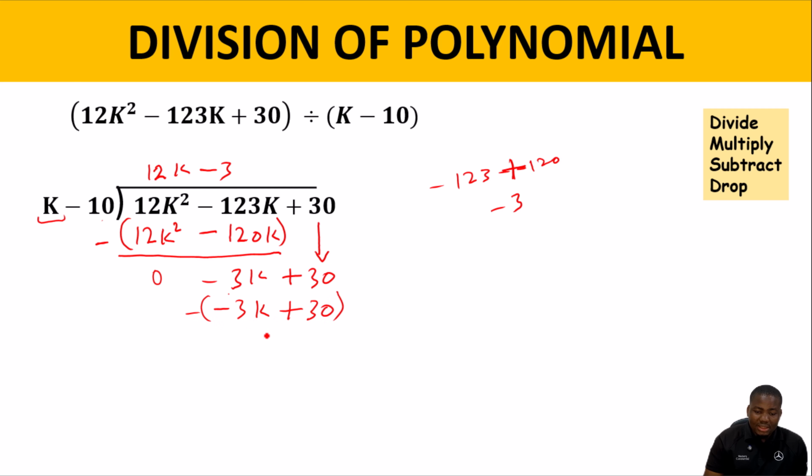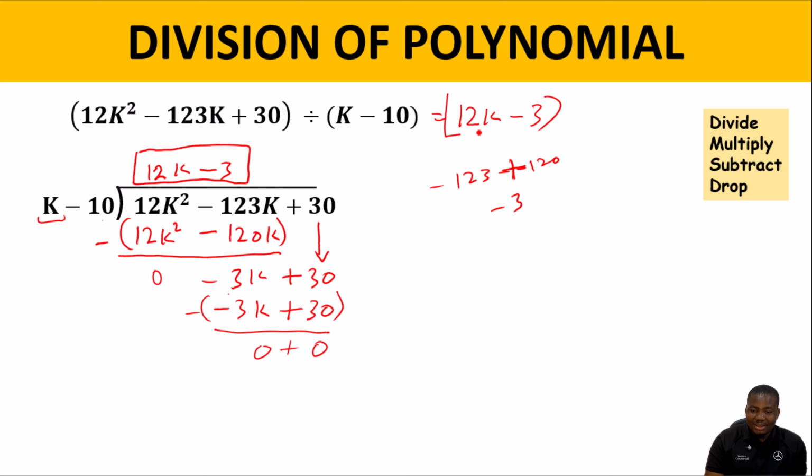When we subtract this, we get 0, 0. Once we get to the point where we have 0, then what we have here is our quotient. So we have 12k minus 3. Sorry, we don't have to put the brackets. So this is our answer.